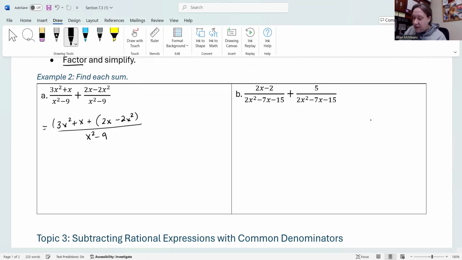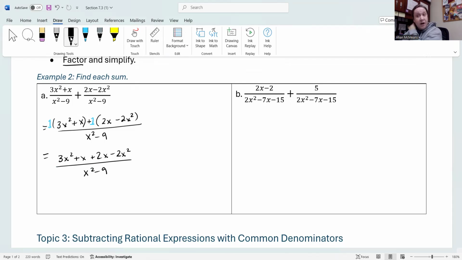So you have to think of these two numerators as two separate polynomials. And in order to add them or later subtract them, we have to drop the parentheses. Well, in order to drop those parentheses, we really technically have to distribute a 1. Okay, so we distribute a 1, and that gives me 3x squared plus x plus 2x minus 2x squared all over x squared minus 9.